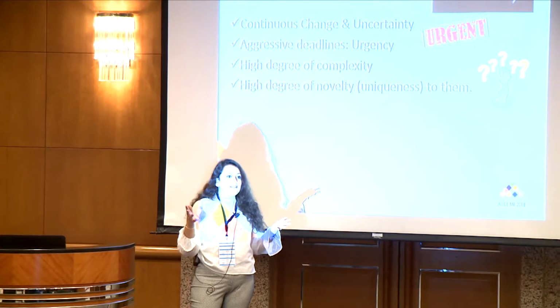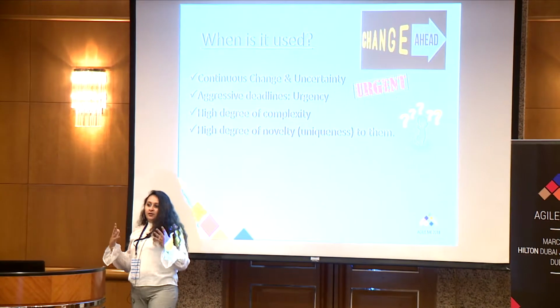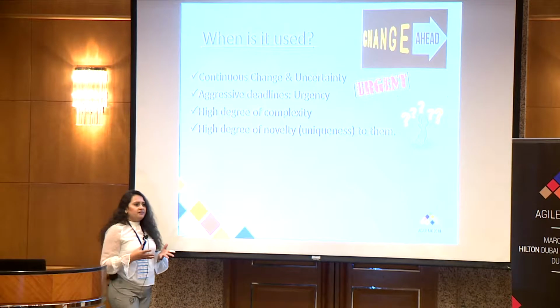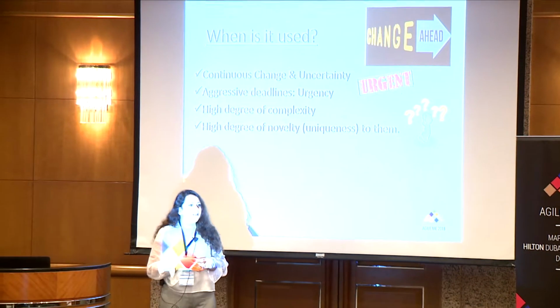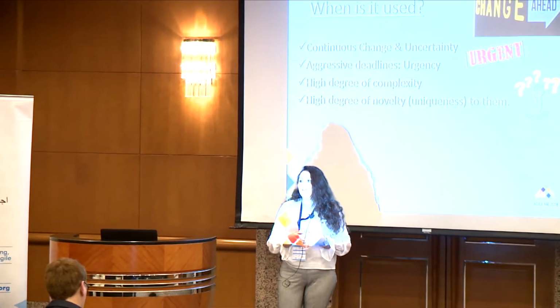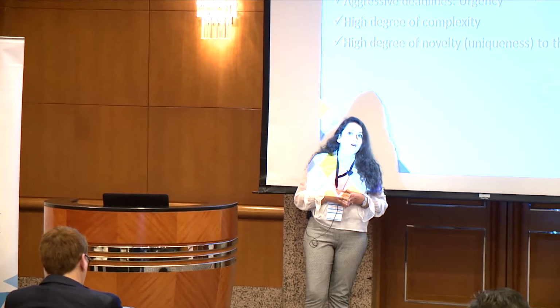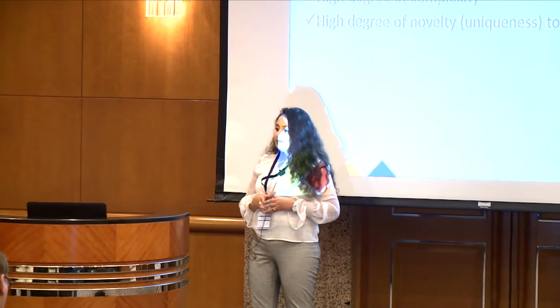So he's uncertain, he tells you, no, this is not the shape, so there's a big room of uncertainty in there. The other one is urgency. A customer comes to you and tells you, I need this project in 3 months, while normally this project takes at least 6 months or 1 year. So in such projects, it would probably be better to go with agility, to be flexible.